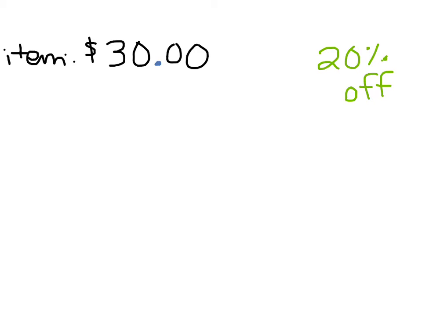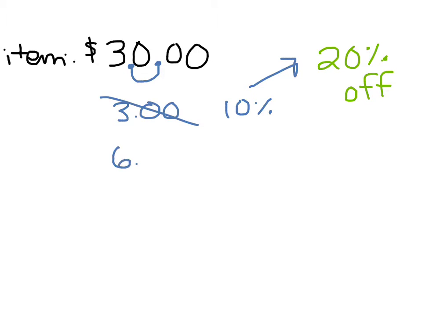So 10%, move it one time. That would be 3. That's 10%. Now, we don't want 10, we want 20. So what we can do with that 3, we'll just double it, because to get from 10 to 20, you double it. So instead of 3, it would be $6.